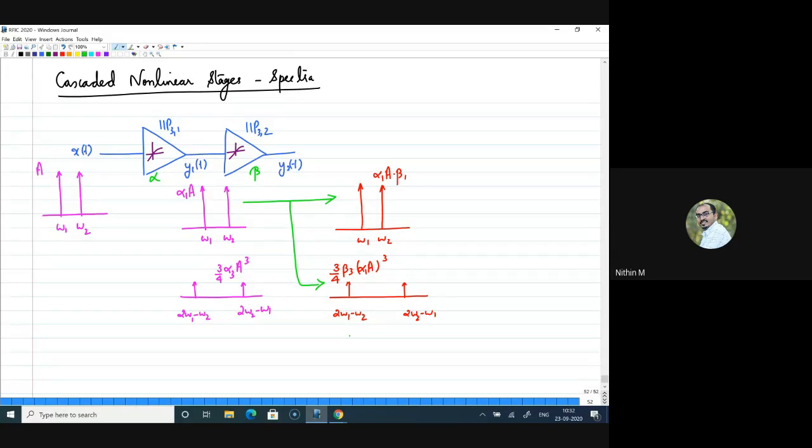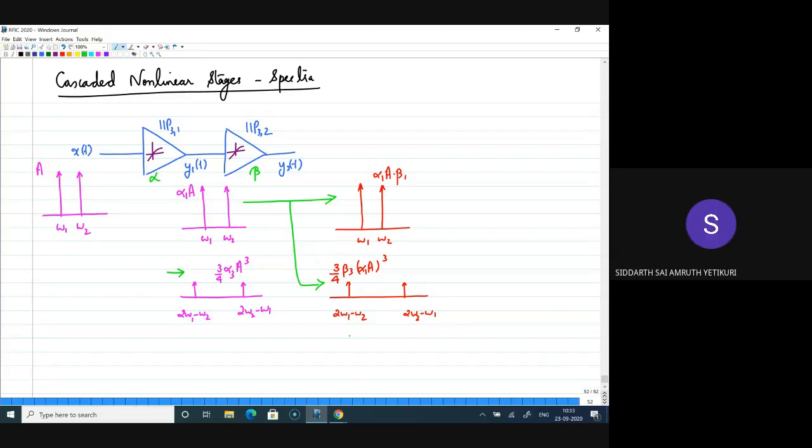Now apart from these two, there is an intermodulation term available at the input of the second stage, that is at 3 by 4 alpha 3 a cube, right? Now if you look at this term, which I am just marking here as green, this also will be shifted directly to the frequency 2 omega 1 minus omega 2 and 2 omega 2 minus omega 1 with a small change. What will be that small change?